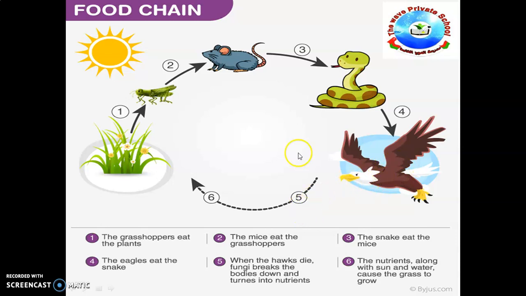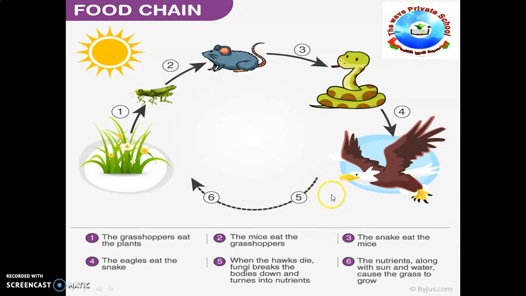So here, for the second point, you see: the mice eat the grasshoppers, the snake eats the mice, the eagles eat the snake, and when the eagles die, fungi break the bodies down and turn them into nutrients. When the final animal or bird dies, it will be decomposed by the fungus.